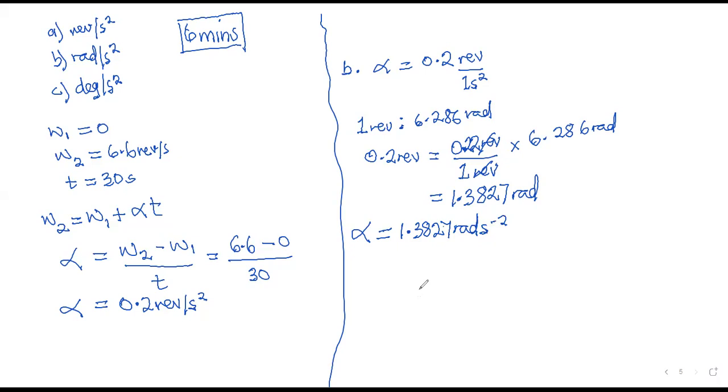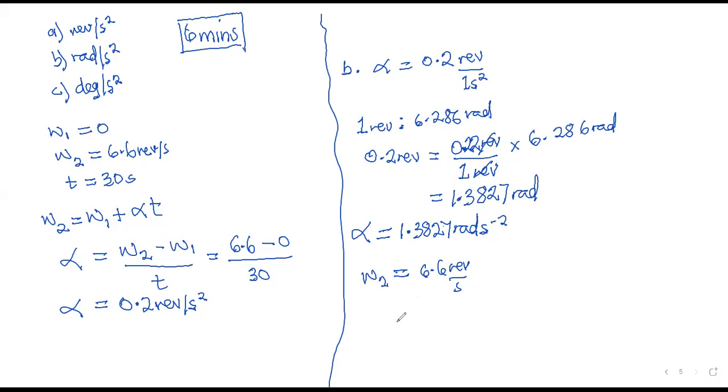Okay. The other way to go is that convert omega 2 itself. Omega 1 is 0. Omega 2, which is 6.6 rev per second to radian per second, and then divide by 30. That would also do it.